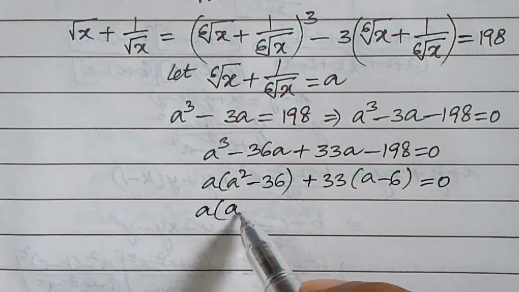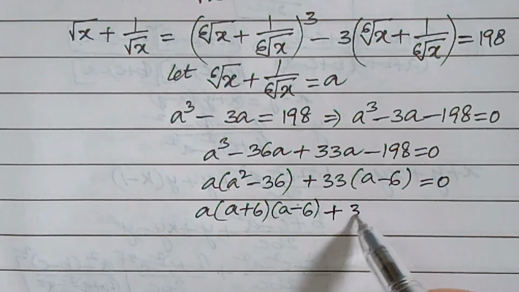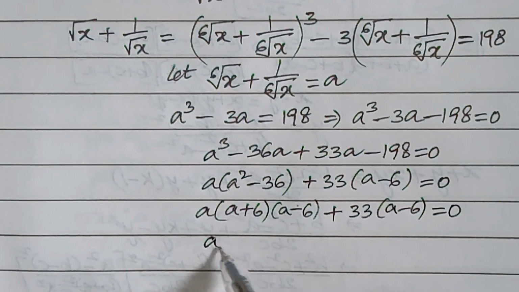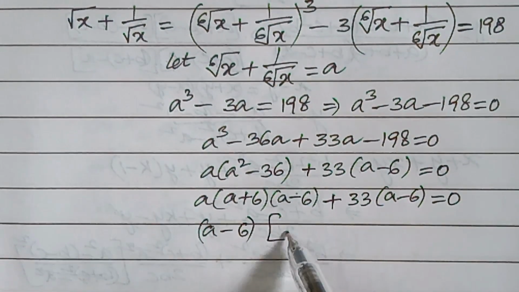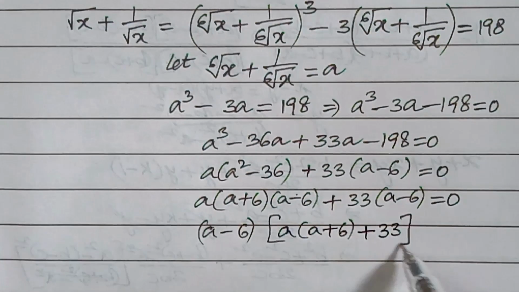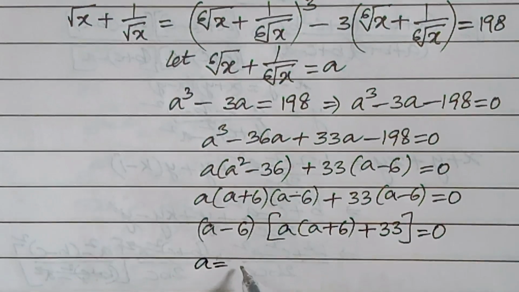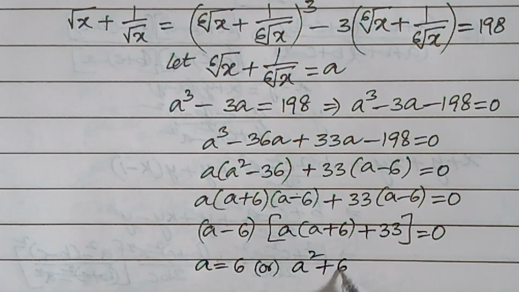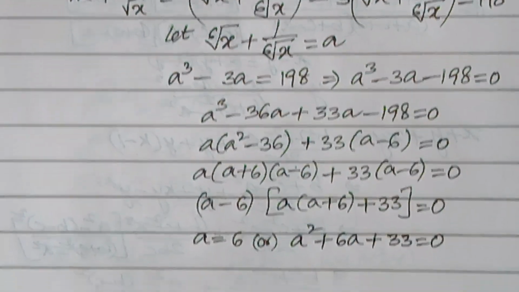So you can write it as a plus 6 into a minus 6 plus 33 into a minus 6 equal to 0. Now you can take a minus 6 common. So you'll get a minus 6 into a square plus 6a plus 33 equal to 0. So you can write a equal to 6 or a square plus 6a plus 33 equal to 0.